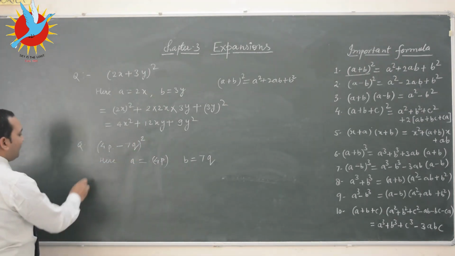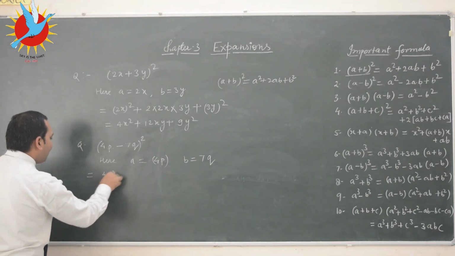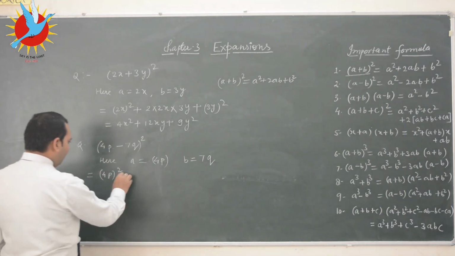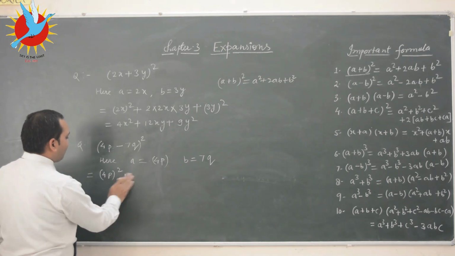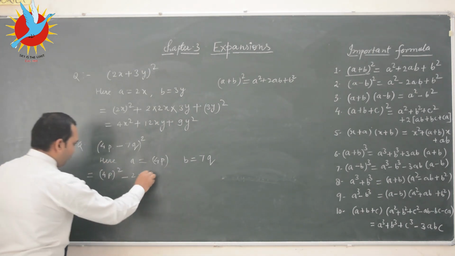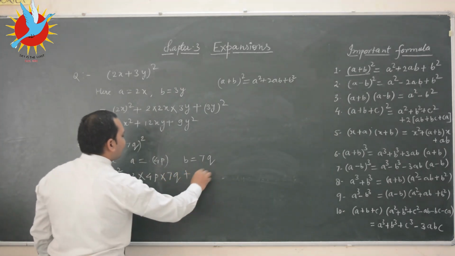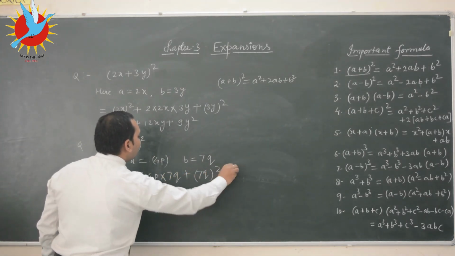So we solve a minus b whole square: a square, 4p whole square, minus 2ab, minus 2 into a means 4p into b is 7q, plus b square, 7q whole square.